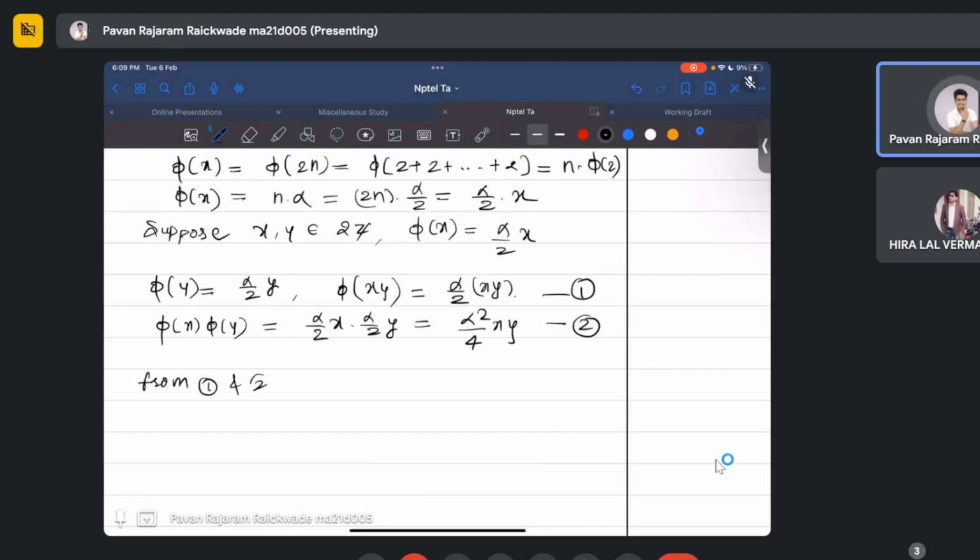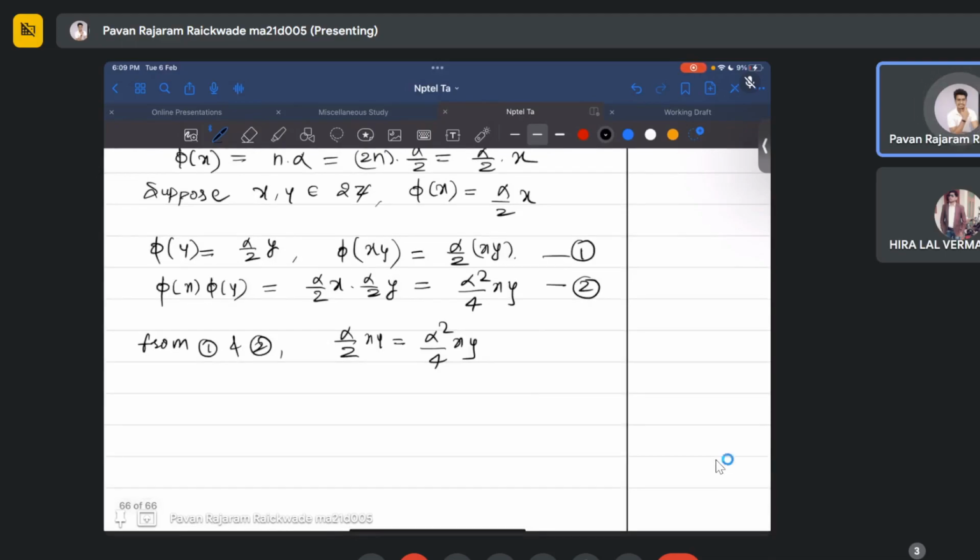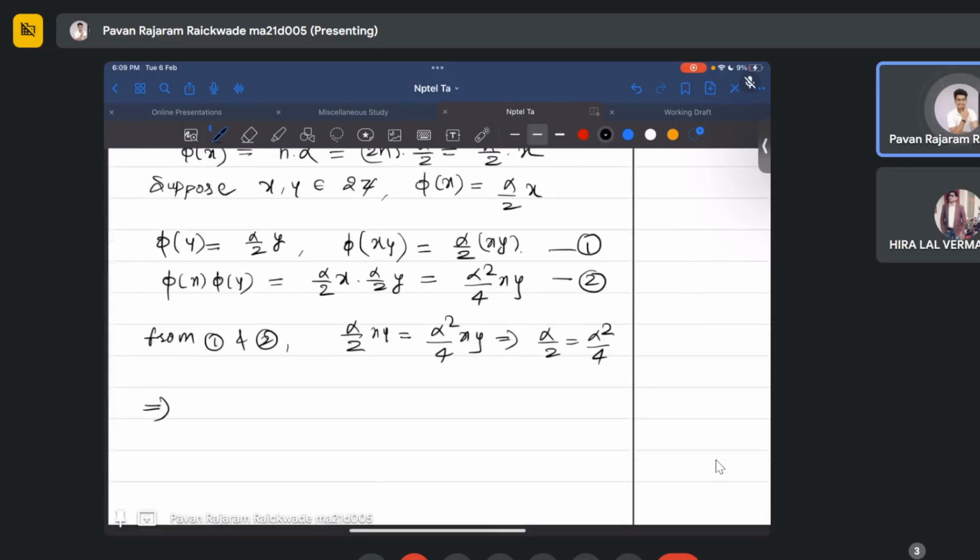From 1 and 2, I get alpha by 2 xy is the same as alpha squared by 4 xy. I can take x and y non-zero, so this implies alpha by 2 is the same as alpha squared by 4, which is true if and only if alpha minus alpha squared by 2 is 0. This happens only if alpha equals 0 or alpha equals 2.